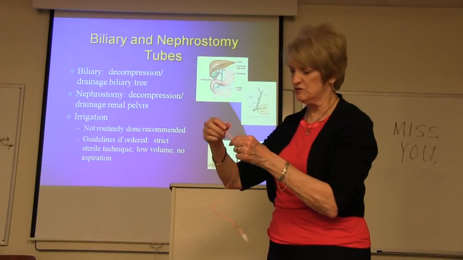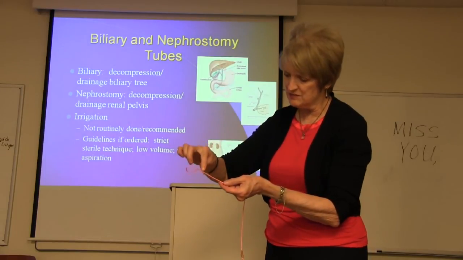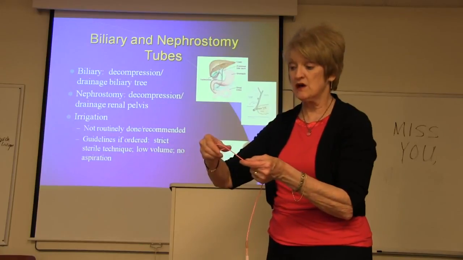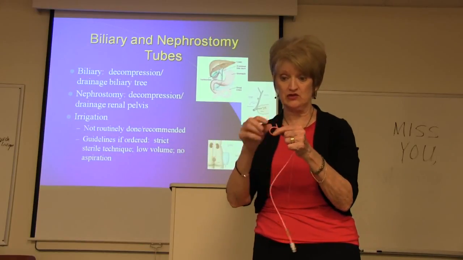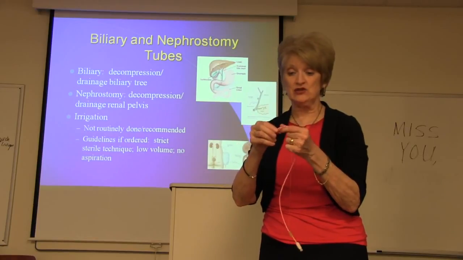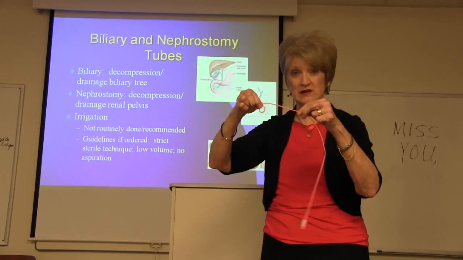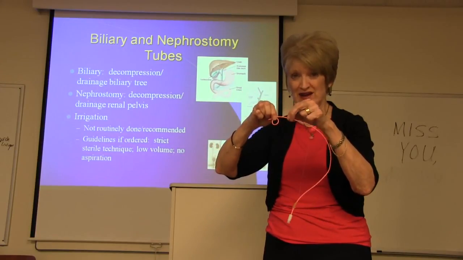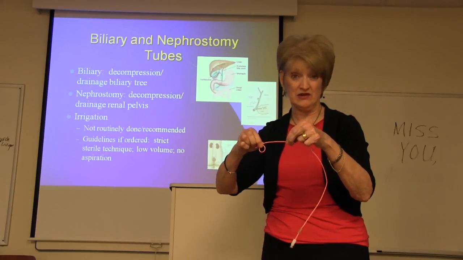A lot of these tubes are secured by a little pigtail device, but this tube has multiple drainage ports up the side of the tube. So if the tip of the tube migrated out of the biliary tree and into the duodenum, then if you aspirate, you're pulling intestinal fluid back up the tube where it's going to drain out of these little drainage ports and into the biliary tree.